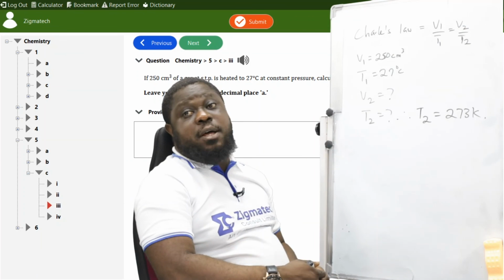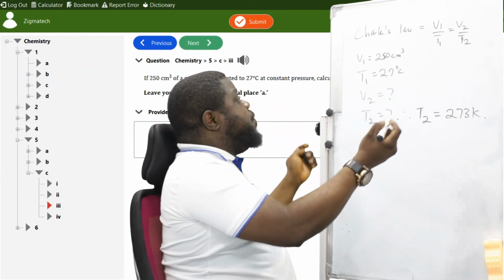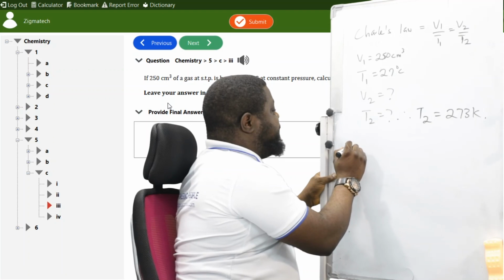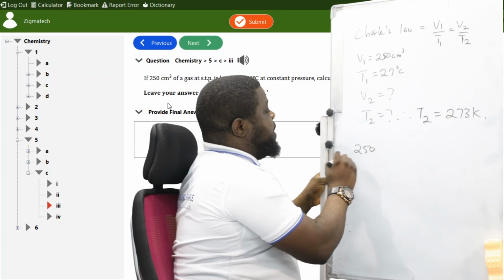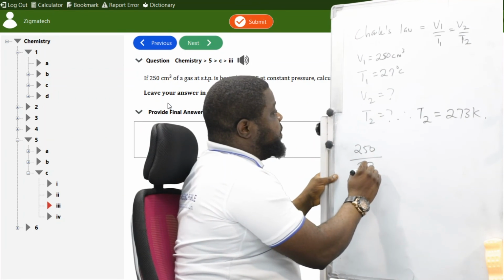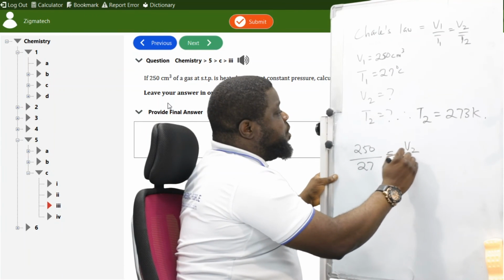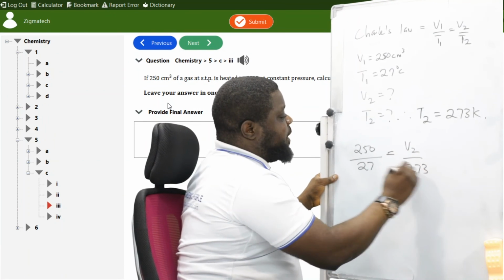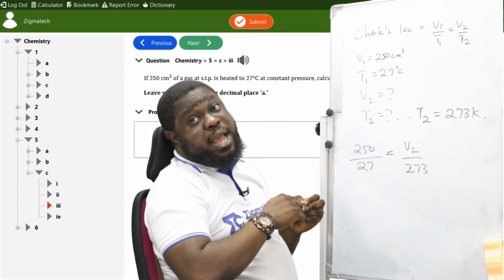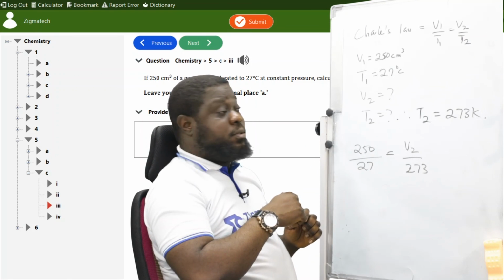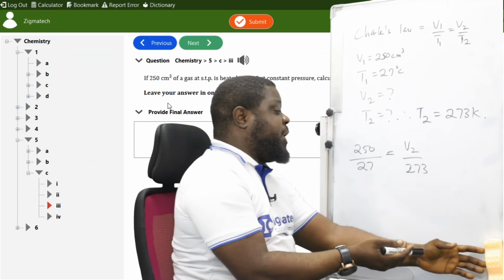So now you can solve. Solving will be V1, which is 250, over 27 equals V2 over 273. You see why I said I want to take this question? Now you do a cross multiplication, like I said.